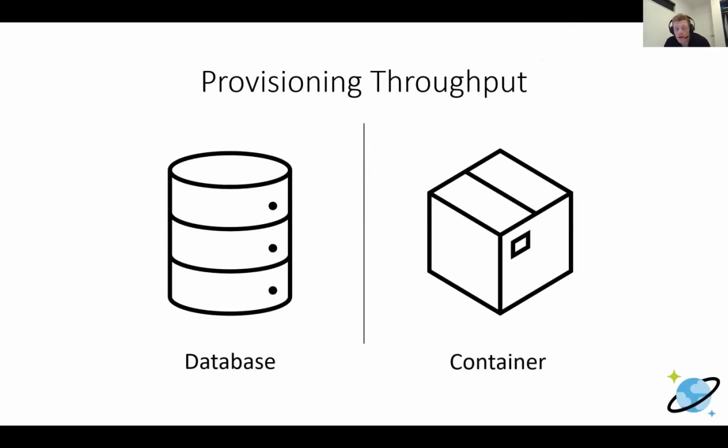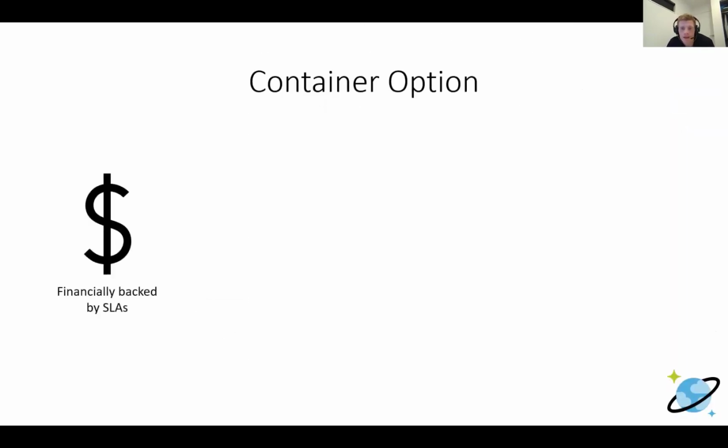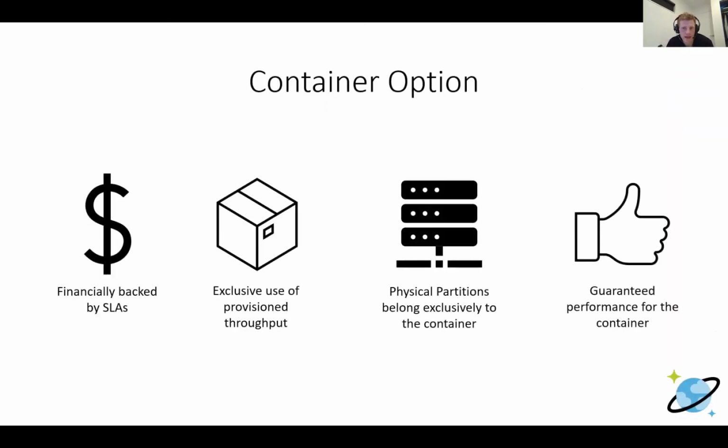There are a couple of ways that we can provision throughput. We can provision it at either the database level or the container level. When we provision it at the container level, we can guarantee throughput for that container. It will receive the provisioned throughput all the time. The benefit is that containers with provisioned throughput are financially backed by service level agreements.